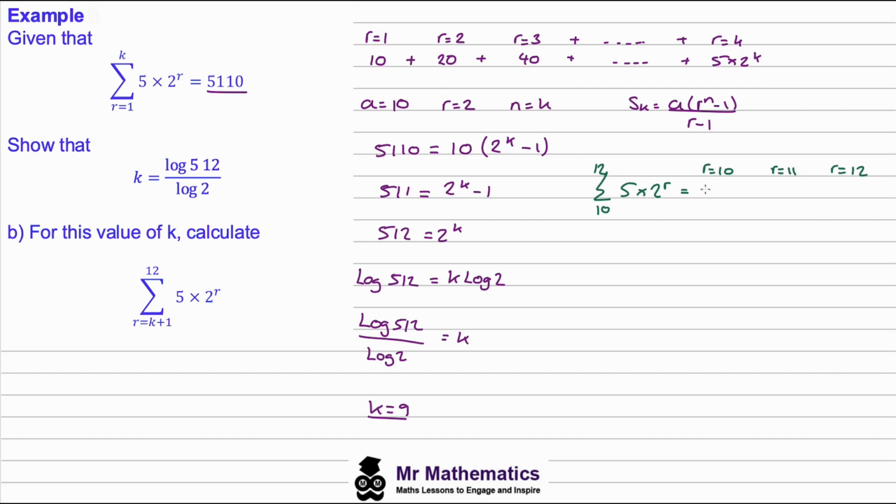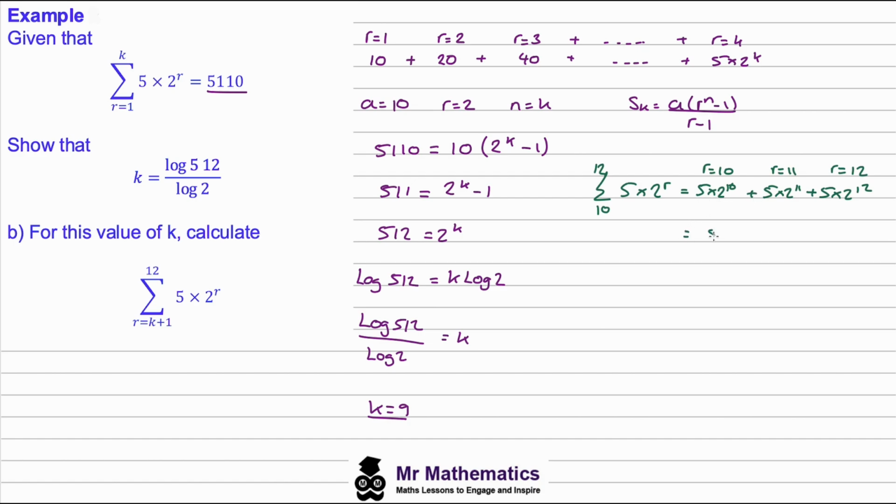Well, when r equals 10, we've got 5 times 2 to the 10. When r equals 11, we've got 5 times 2 to the 11. And when r equals 12, 5 times 2 to the 12. So we can work out each of these.